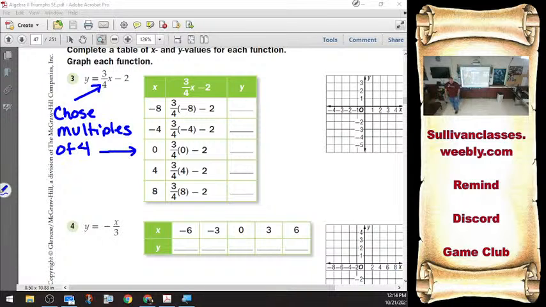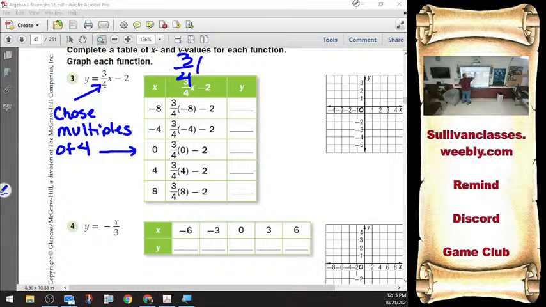You notice that they were counting by 4s? -8, -4, 0, because 0 is the easiest number to work with, 4, 8. If I wanted more points, I would choose 4, 8, 12, 16, 20.